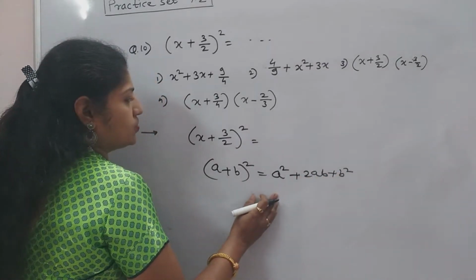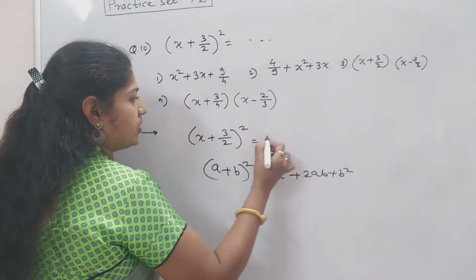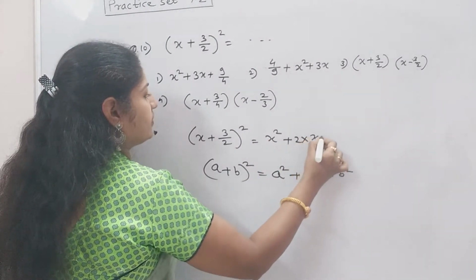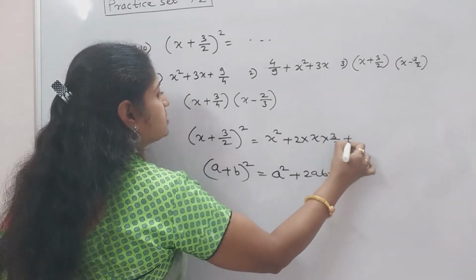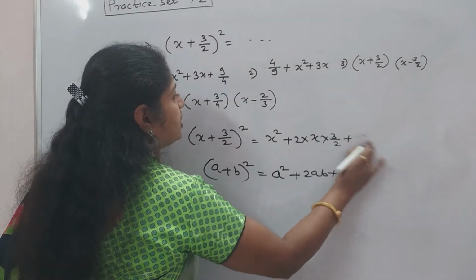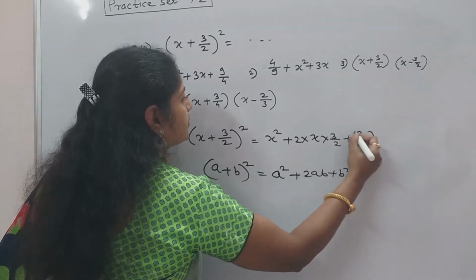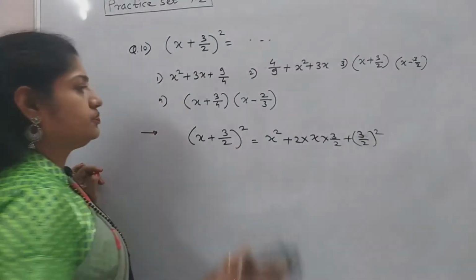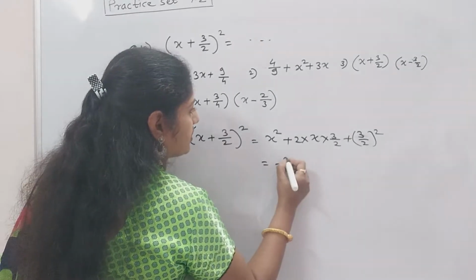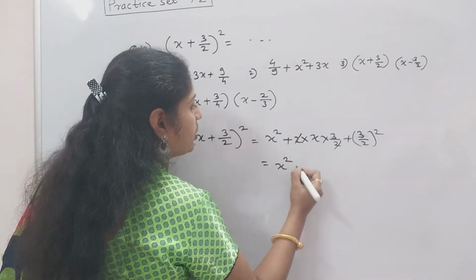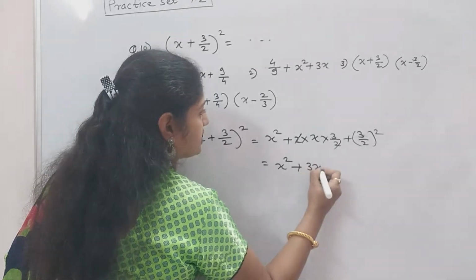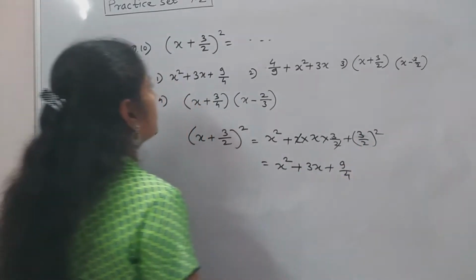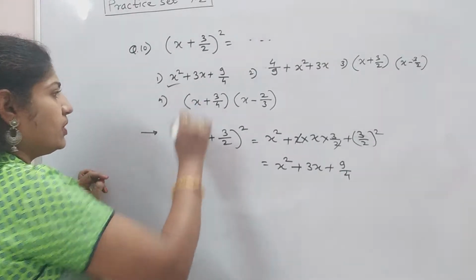Put these values, x square plus 2 into first term into second term plus second term square, (3 upon 2) square. x square, cancel numerator denominator 2 cancel, plus 3x plus 3 upon 2 square, 9 upon 4. So our answer is option number 1.